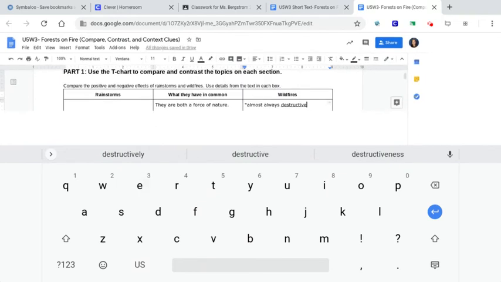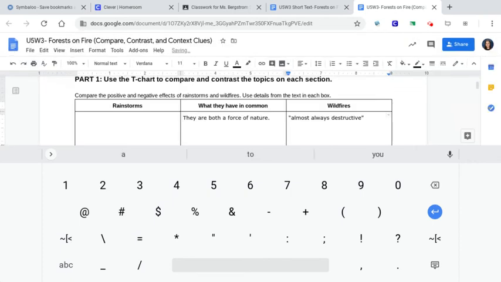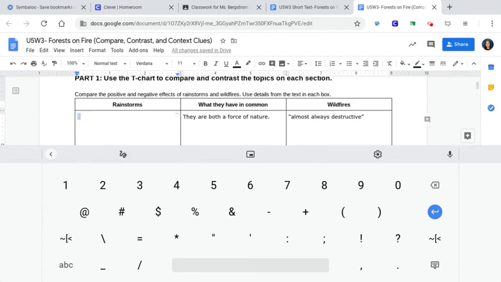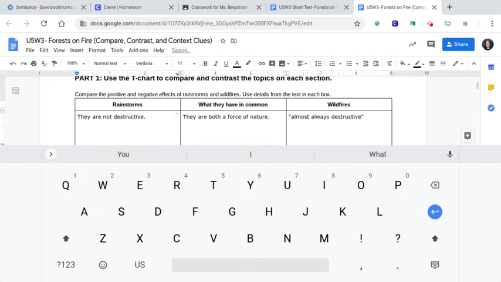I know it's being kind of funky, but we'll just be patient. Awesome. And then on the other side, I'm going to do the opposite because I know that they are not destructive. They are not destructive. There we go. We already got one detail.